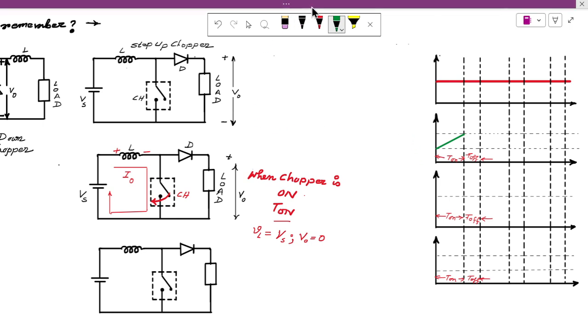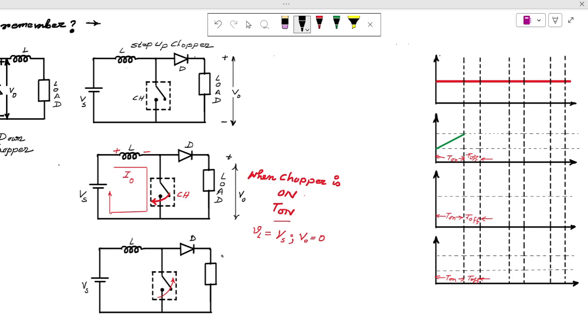Next, consider when the switch is off. This is as before: this is Vs, this is L, this is the diode, this is the load, and this terminal, as per our convention, is V naught.